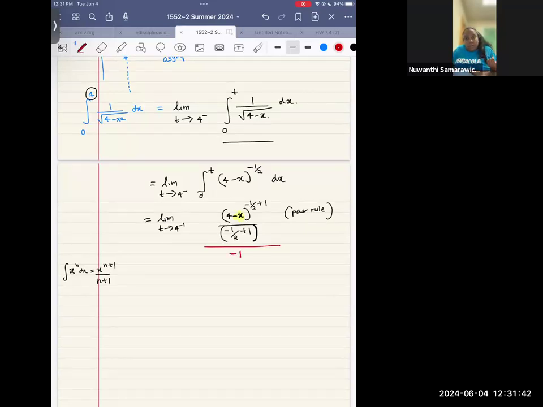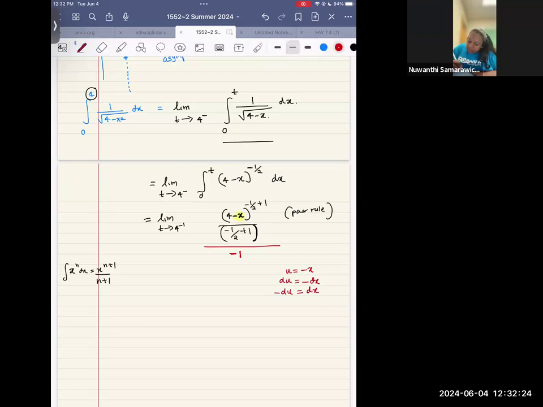By U substitution, U is negative x, so du is negative dx, so dx is negative du. We divide both sides by negative. That's how I get this -1. You don't have to use substitution because it takes more time. So straight away, if there is a coefficient in front of the x or a negative value, here the coefficient is -1, so you have to divide it by -1 to get the answer.